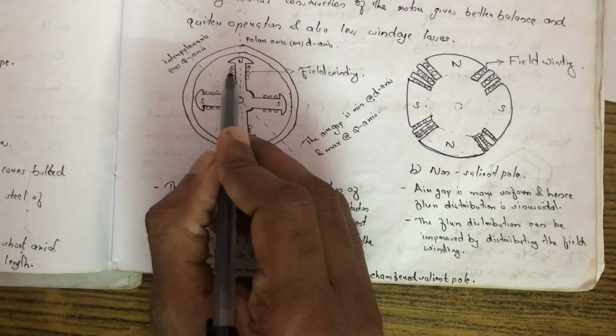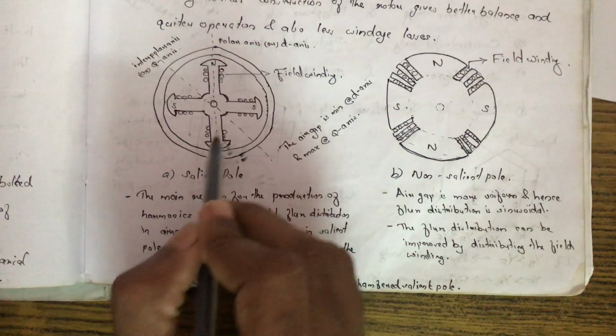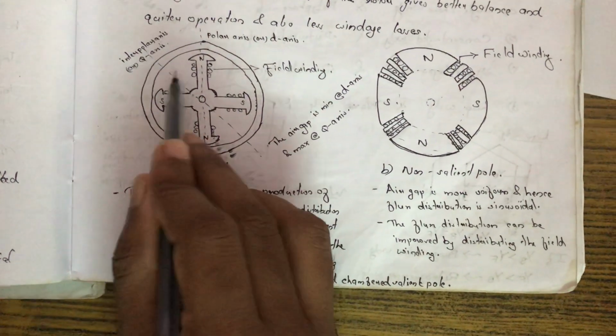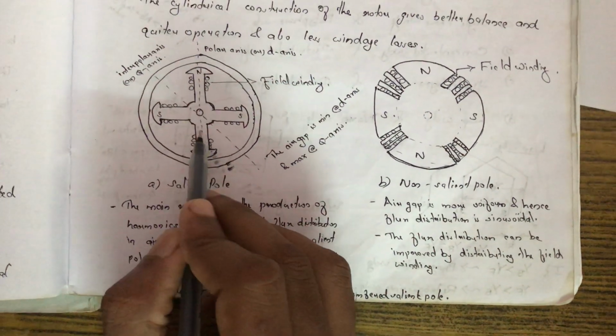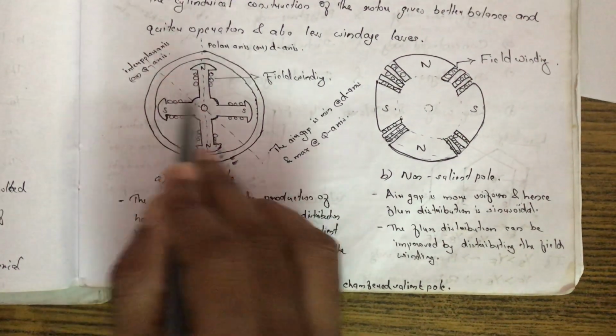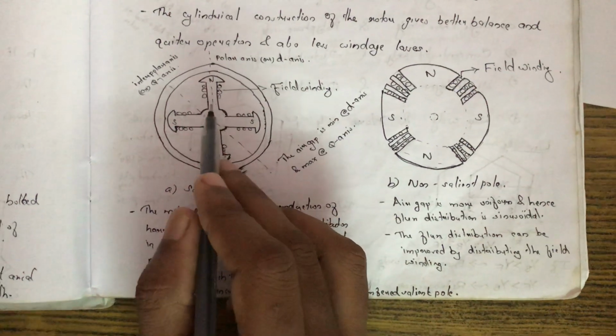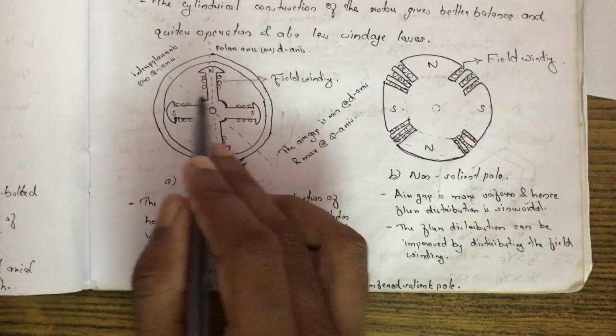Here the field winding will be wound through these field poles. The field winding will be excited with a DC voltage, and whenever the field winding is excited, these are electromagnets.